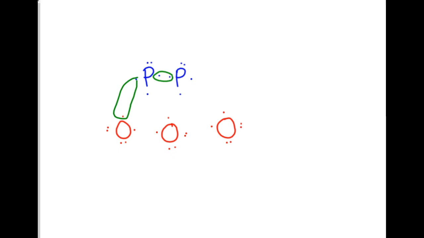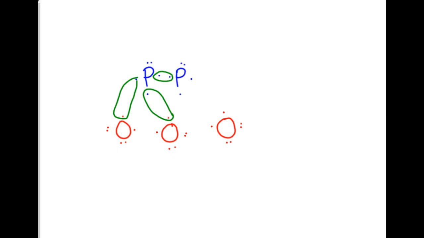So now I have 2, 4, 6, 7. Oh, we can do a number of things if you want. You can connect this one, and then you have 2, 4, 6, 8 electrons around the phosphorus. Each oxygen has 2, 4, 6, 7.